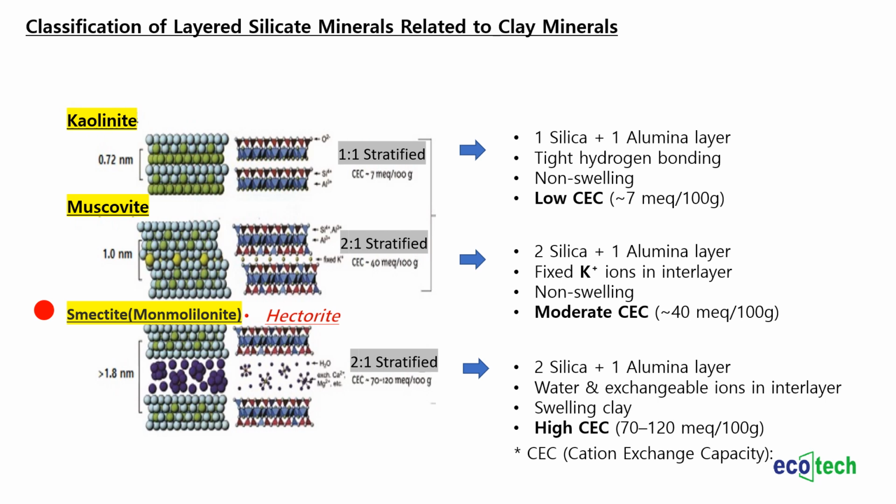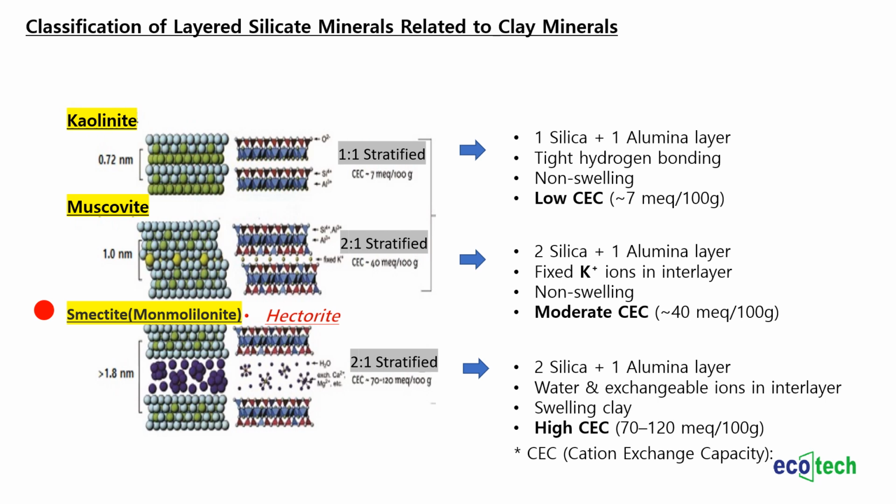Next, muscovite is a 2:1 layer mineral consisting of two silica tetrahedral layers surrounding one alumina octahedral layer. The interlayer spaces are filled with fixed potassium ions that lock the layers together. As a result, muscovite is also non-swelling.